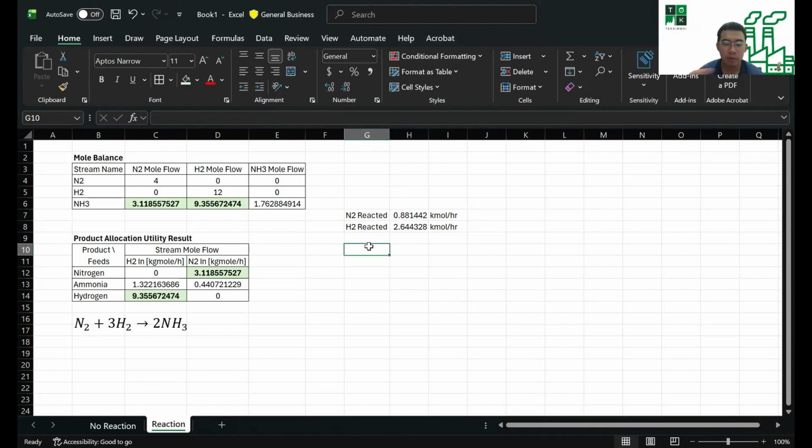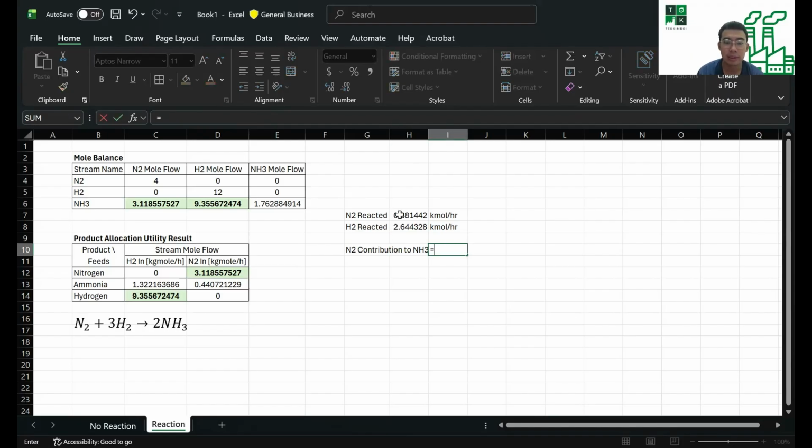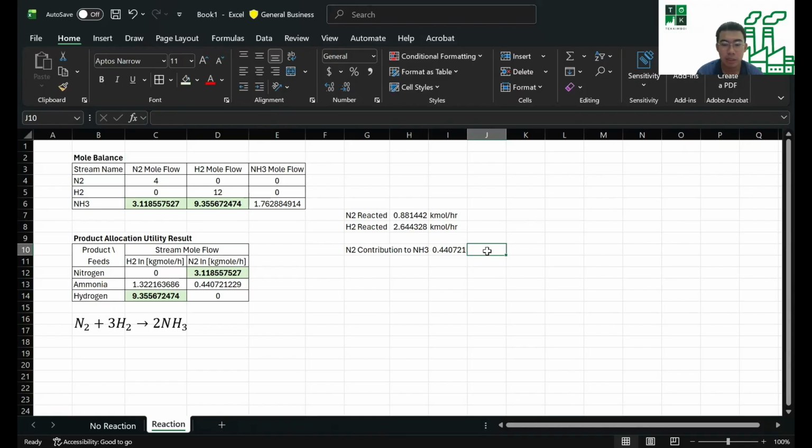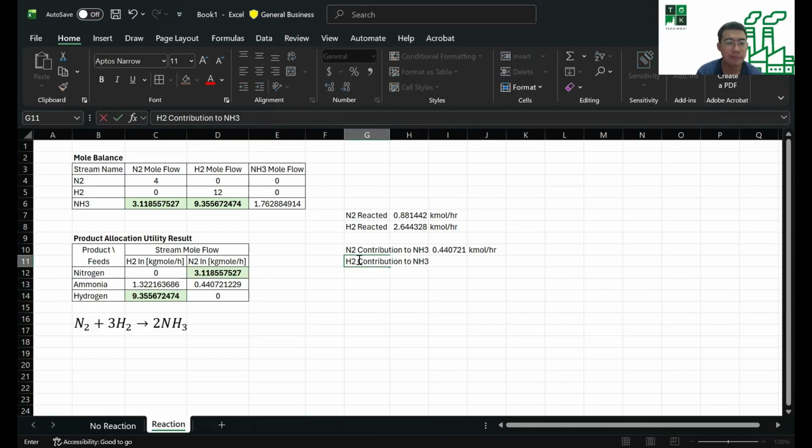So if you want to calculate the N2 contribution to NH3, we divide this number by 2, kilomole per hour. The same for H2, the H2 contribution to NH3. So H2 reacted is 2.64. We divide by 2.